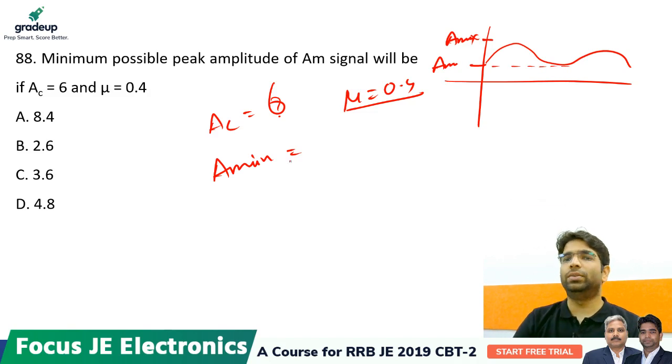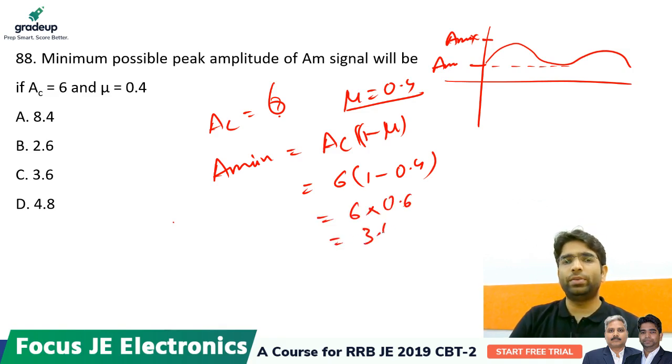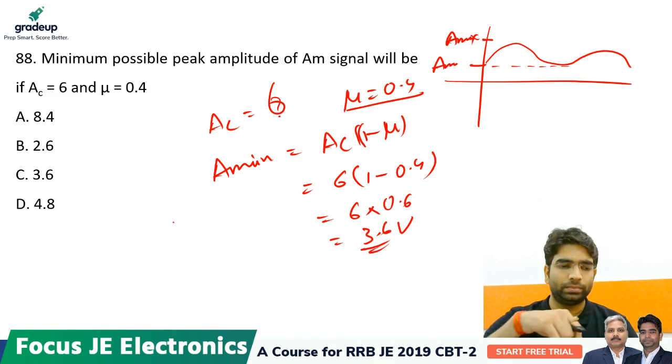A min is this value. So A min equals AC into 1 minus mu, where mu is the modulation index. AC is 6, 1 minus mu is 0.6. The value is 3.6 volts.